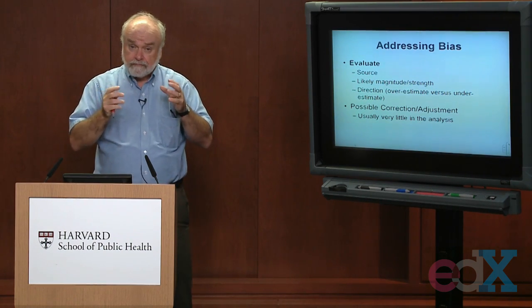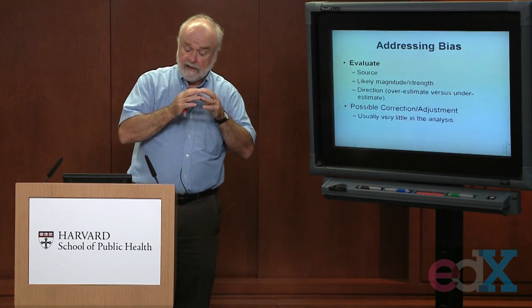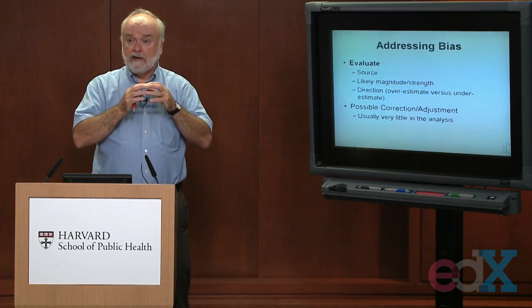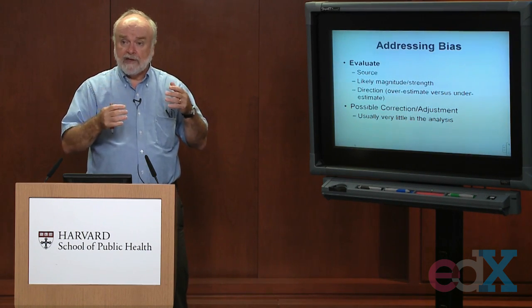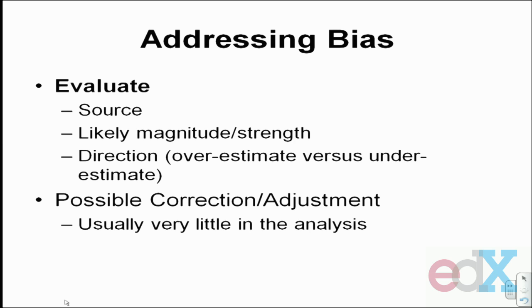But in general, if you have a potential bias in the study, how do you go about addressing that potential? The first thing you have to do is try to identify the source of the bias. Is it a selection bias? Is it a measurement bias? If so, why is it a selection bias? Why is it a measurement bias? The next thing you'd like to do is to decide, is this a serious problem or a minor problem? Is it going to give you an answer that's a little bit biased or greatly biased?